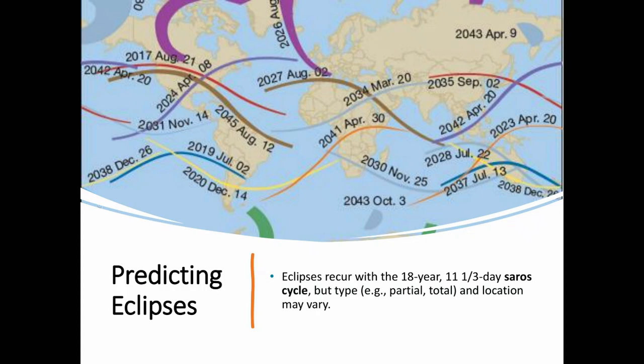So if the moon is at its closest distance to the Earth, then you'll get a bigger shadow cast on the surface of the Earth. So another way you can think about these tracks is this is the shadow of the moon moving across the face of the Earth. So a wider track means that the shadow is a little bit bigger.